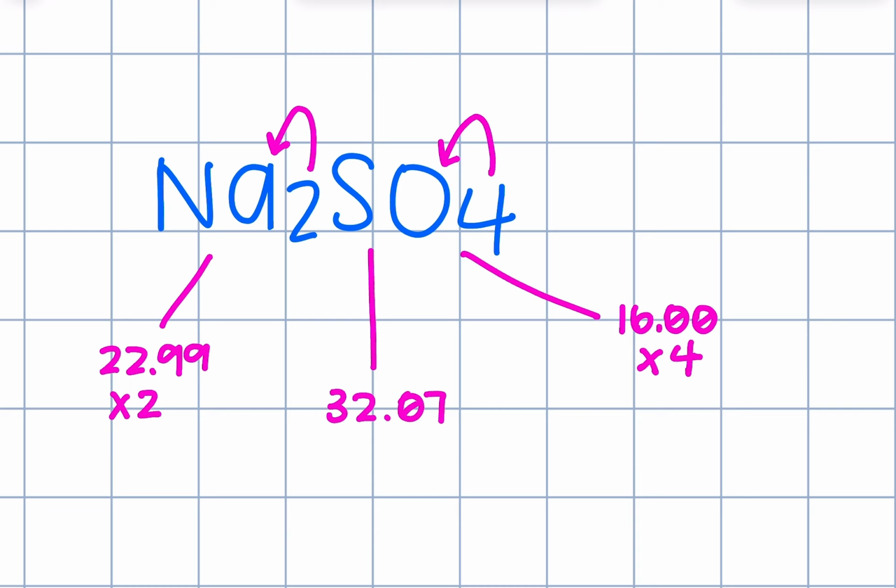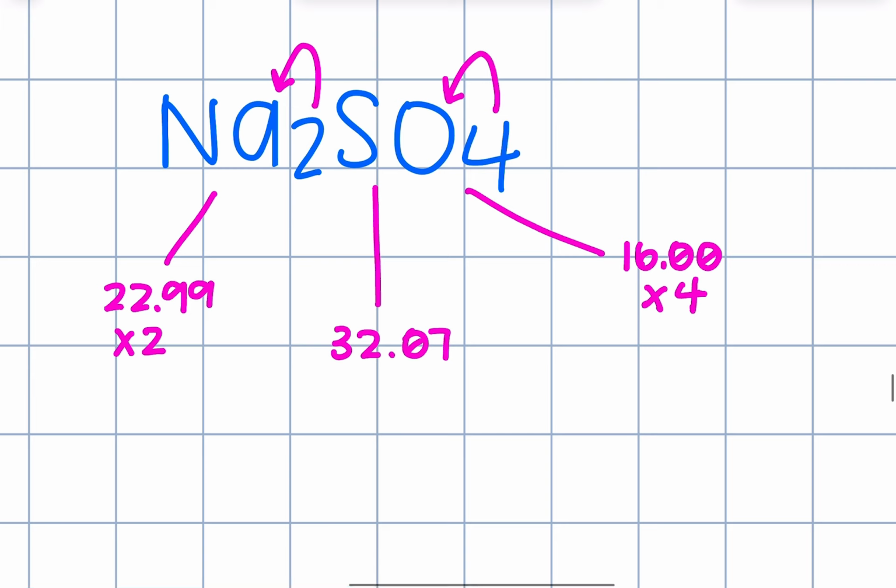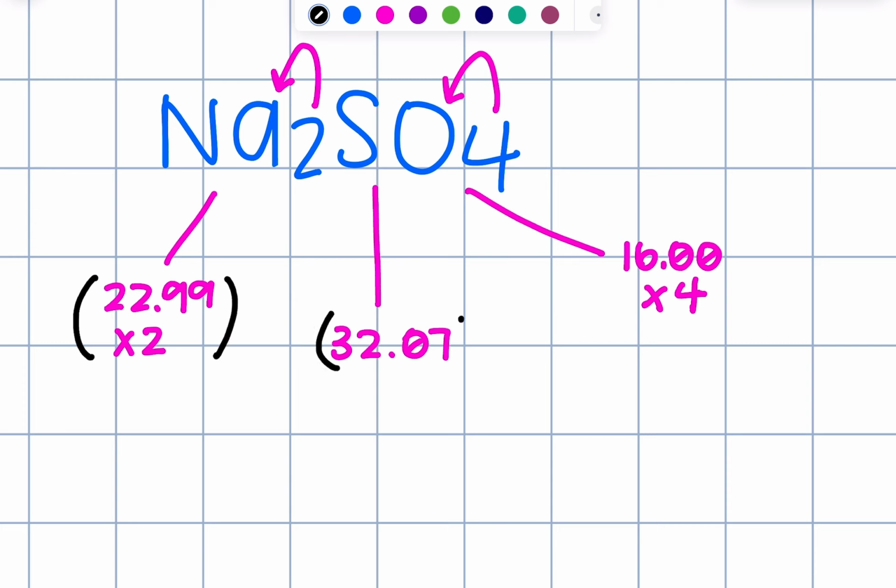Now, I have previously done each individual piece, but what we can do is throw some parentheses around these things and add them together like that, and we can type it all in at one time into the calculator.